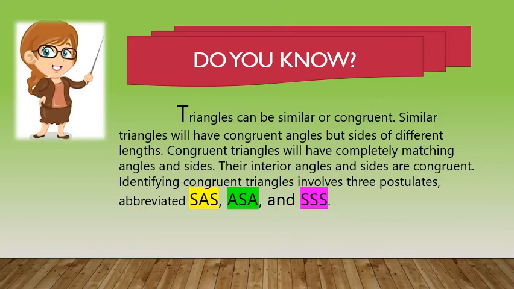Identifying congruent triangles involves three postulates, abbreviated SAS, ASA, and SSS. Or we can say SAS, the side angle side; ASA, the angle side angle; and SSS, the side side side. So they are the three postulates of congruent triangles.